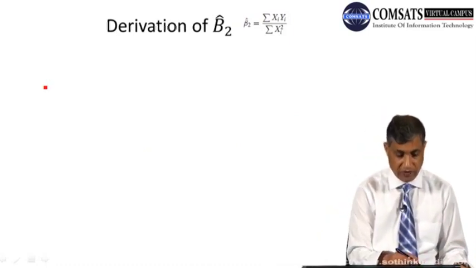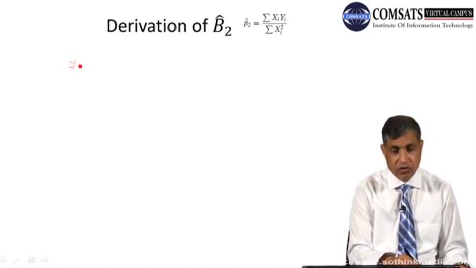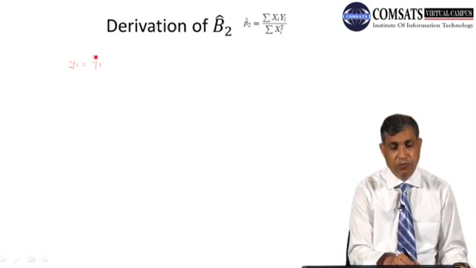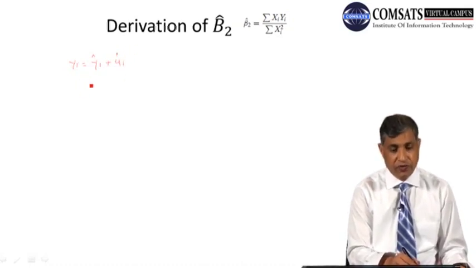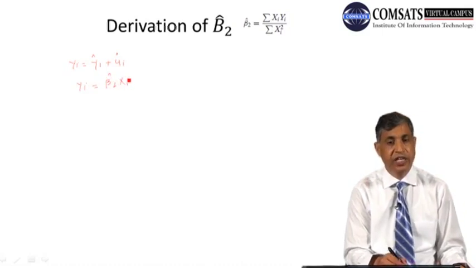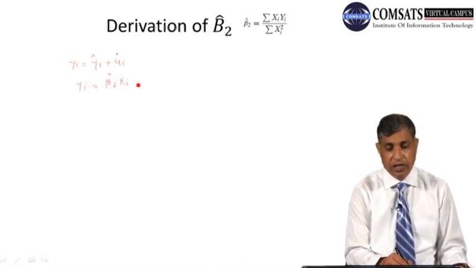I know that you are aware that yi is equal to y hat, the explained portion, plus the unexplained portion. So yi is equal to beta 2 hat xi, now only one parameter, plus ui. This is the explained portion, and this is the unexplained portion.